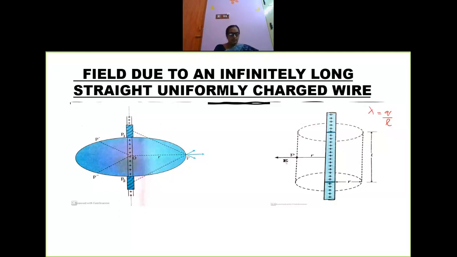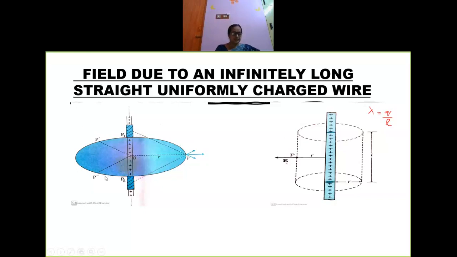Now, I'm going to take a point P which is at a distance of R from O, which means the radial vector from O to P, and imagine rotating the wire from point P, and when I rotate there are two more points there starting from P, P dash and P double dash.